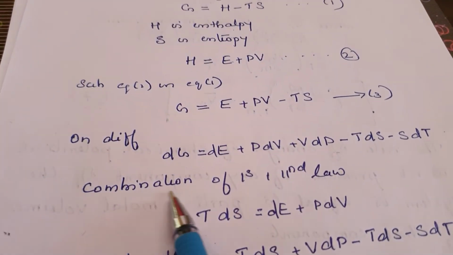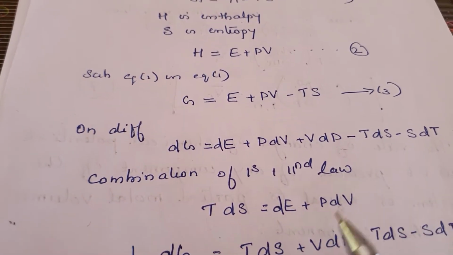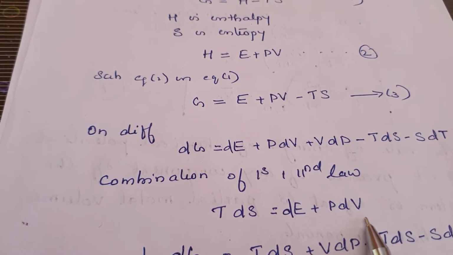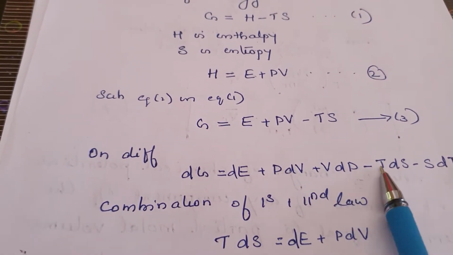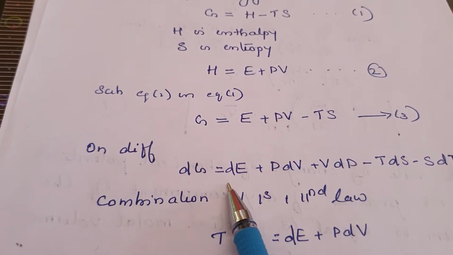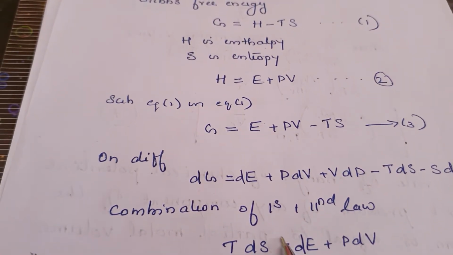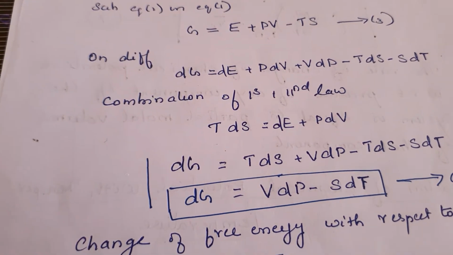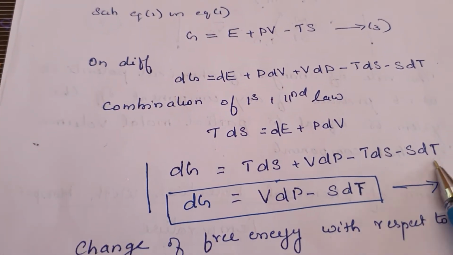Now do you remember the combination of the first and second law? TdS is equal to dE plus PdV. This was the one. So when we substitute this, what happened? dE plus PdV we can substitute as TdS. So dG is equal to TdS plus VdP minus TdS minus SdT.